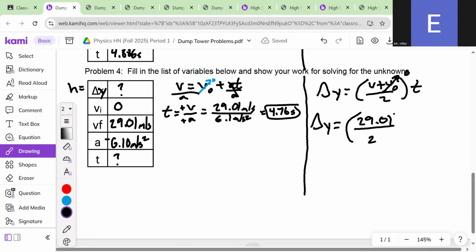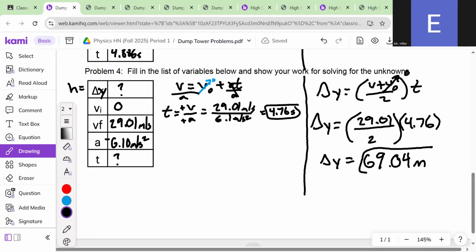So if I take half of 29.01 times 4.76, I get a downward displacement of 69.04 meters. Go ahead and take a moment to calculate yours and see what you get for the height of your building. And let's enter our values into the program.